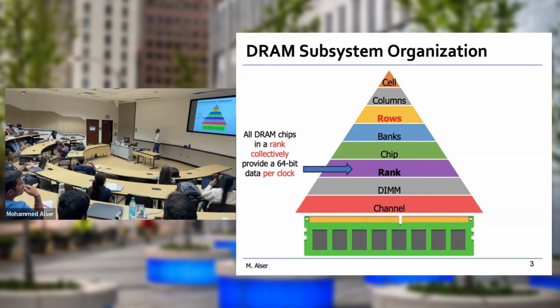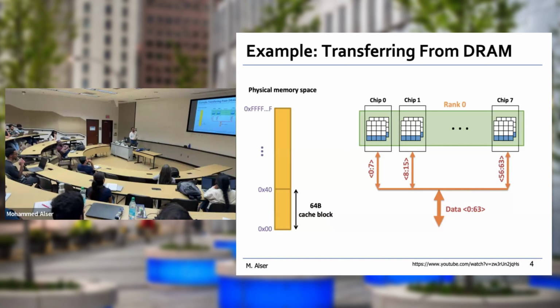All right. To make things clear, I'm repeating this exact same example that we saw together in the last lecture. So here's the cache. I would like to get a cache block from the DRAM device. And here what we have is a rank, a single rank, okay? And all those are chips within the rank.